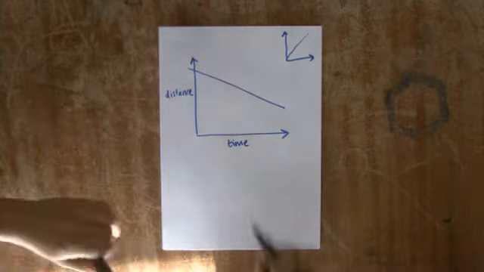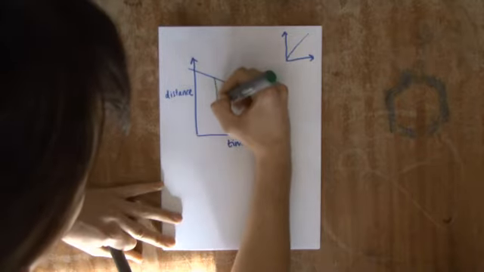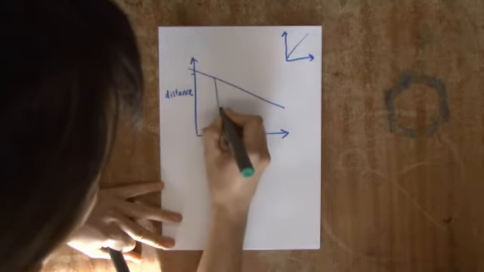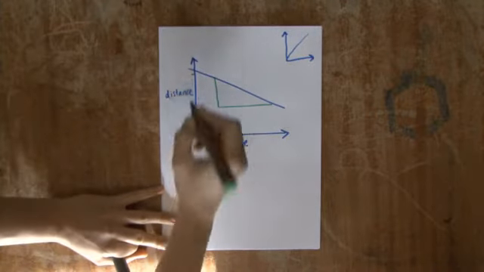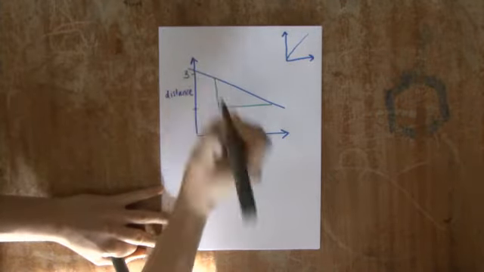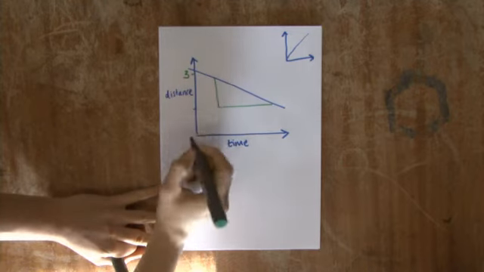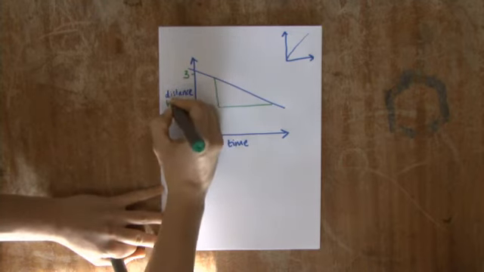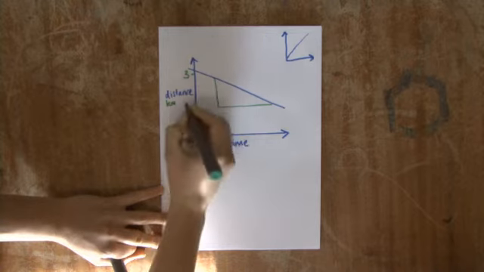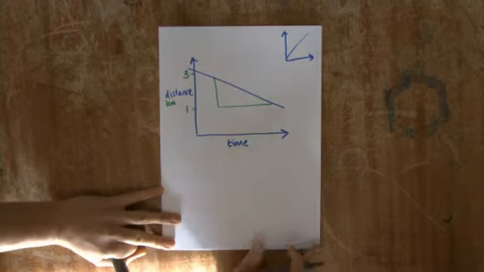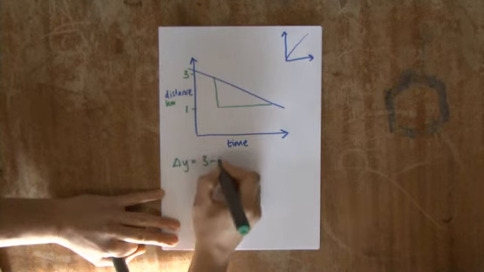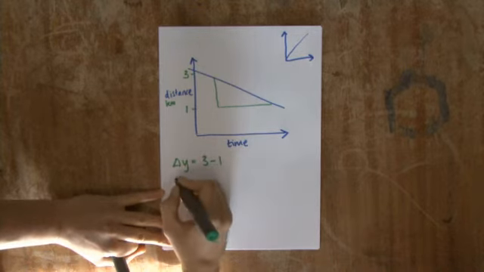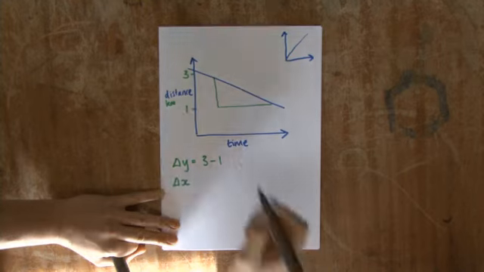So we need to calculate our change in y. So let's say this is a 3 kilometres. Let's say that the units of this are kilometres. 3 kilometres, and this one is 1 kilometre. So our change in y is 3 minus 1. Now we need to find our change in x.